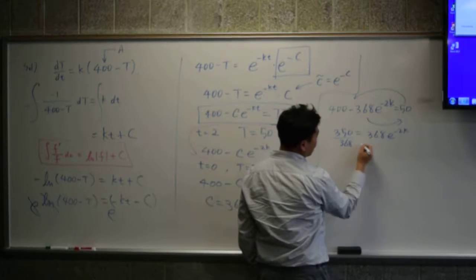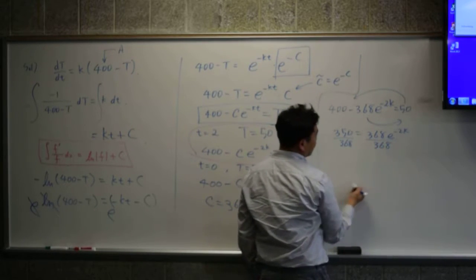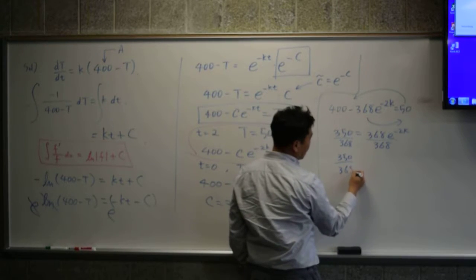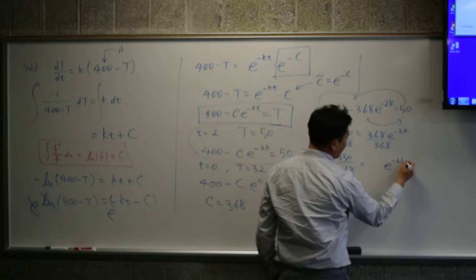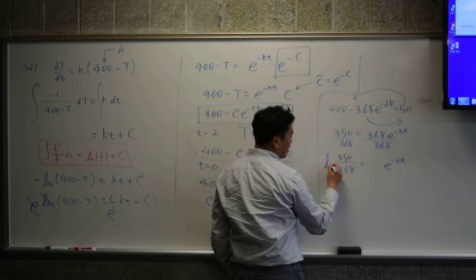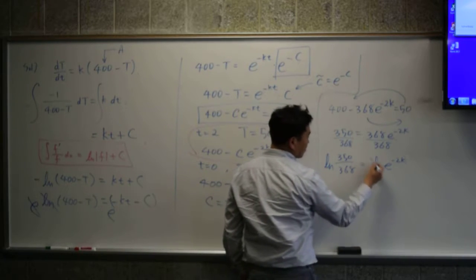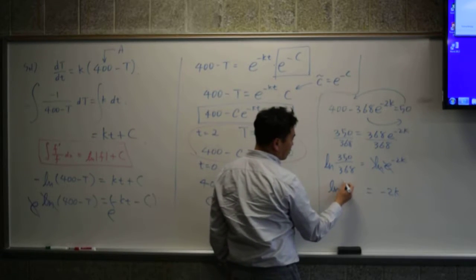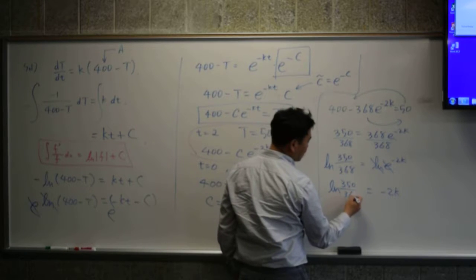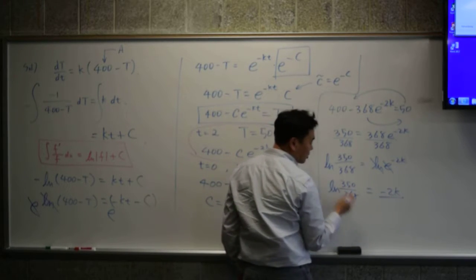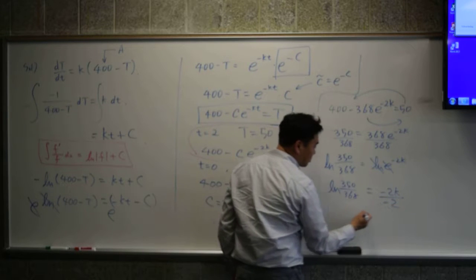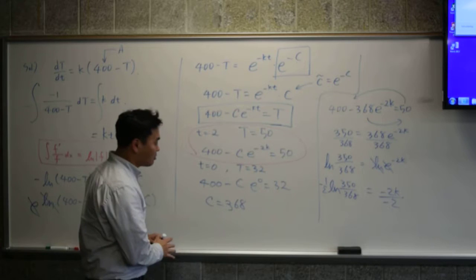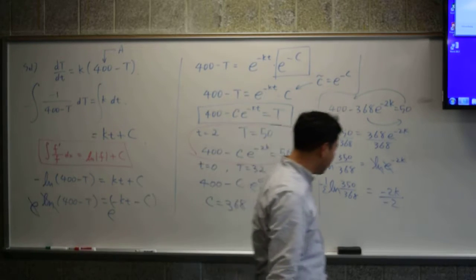Divide both sides by 368, and you get 350 over 368 equals e to the negative 2k. To get rid of e, you take ln. That cancels, and you get negative 2k equals ln of 350 over 368. And finally, to isolate k, you multiply by negative 1/2: k equals negative 1/2 ln of 350 over 368.